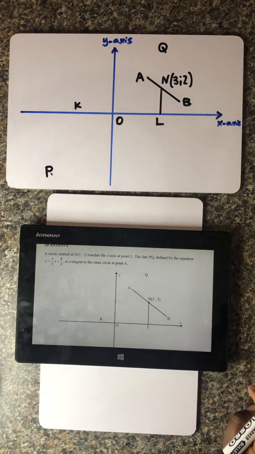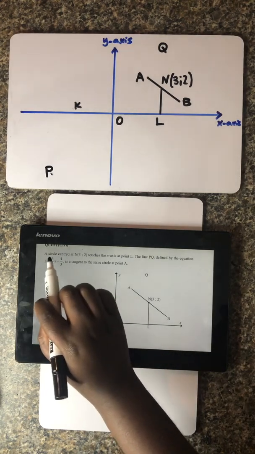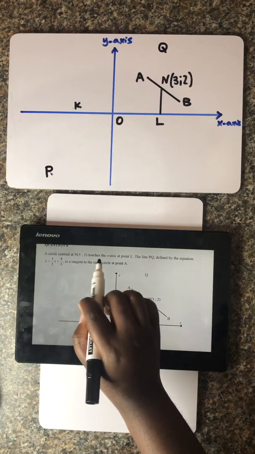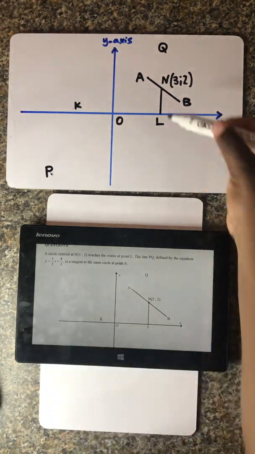Very, very much important. So they're saying a circle centered at that point touches the x-axis at point L, which is that point L over there.